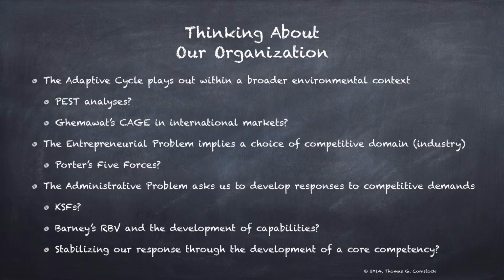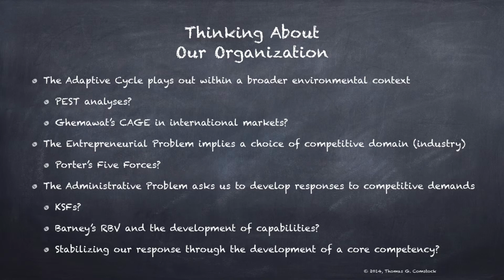If we think in terms of the entrepreneurial problem, that's this idea of choice of competitive domain. And we might get some help in trying to analyze domains of competition, industries, from Porter's five forces, the analysis of those forces that inform the nature of competition and the potential of profitability in a given industry.